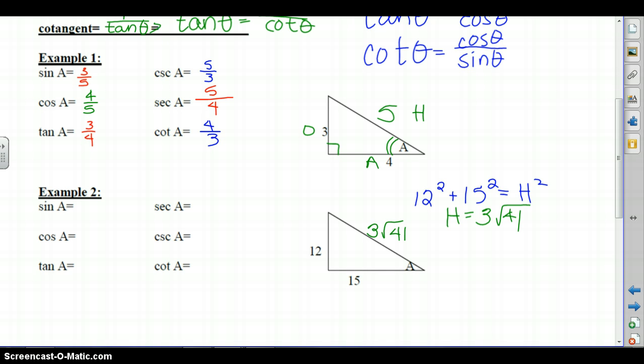I'll show you why. When I go to write these down, again, keeping in mind I'm always in reference to A here. So this 12 will be my opposite, this 15 will be my adjacent, and 3 rad 41 will be my hypotenuse. The sine of this function, opposite over hypotenuse, is going to be 12 over 3 rad 41.